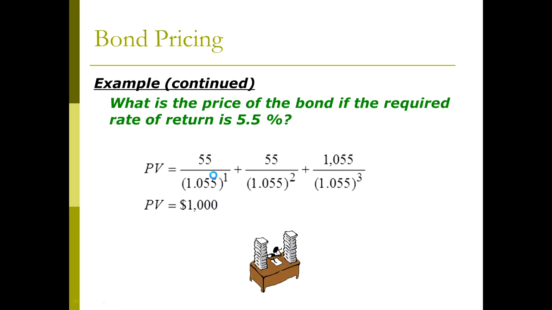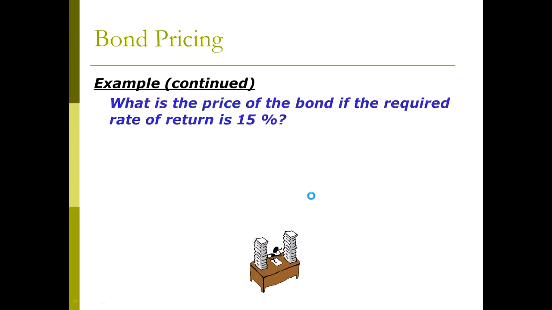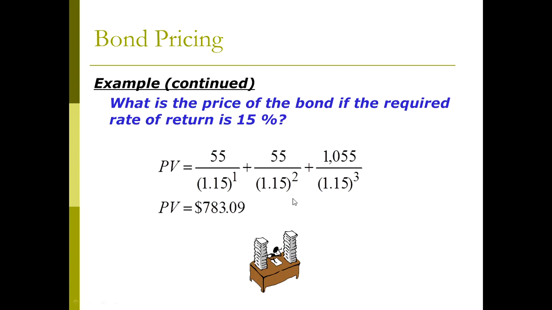Well, in the second case, the coupon rate and the discount rate, or your opportunity cost, are exactly the same, 5.5%. So there is no premium or discount at all. If the coupon rate is the same as your discount rate or your opportunity cost, the maximum amount you are willing to pay for the bond is just the face value, $1,000. In the last case, the coupon is 5.5%, while the required rate of return or your opportunity cost is 15%.